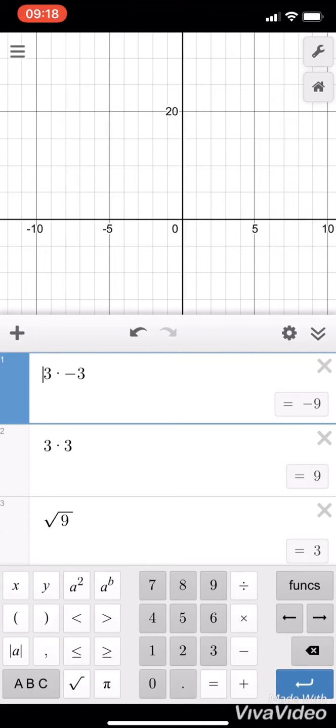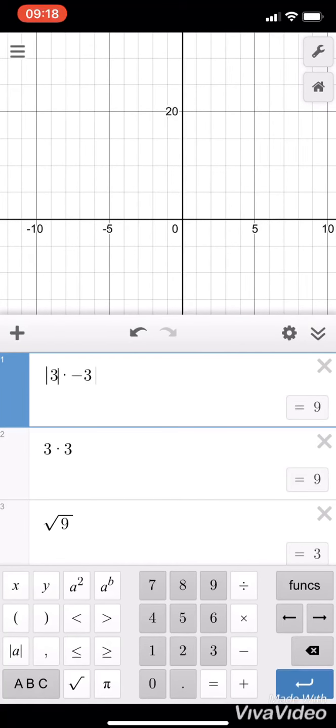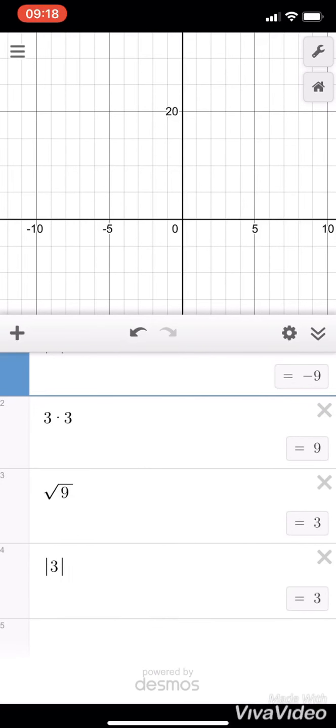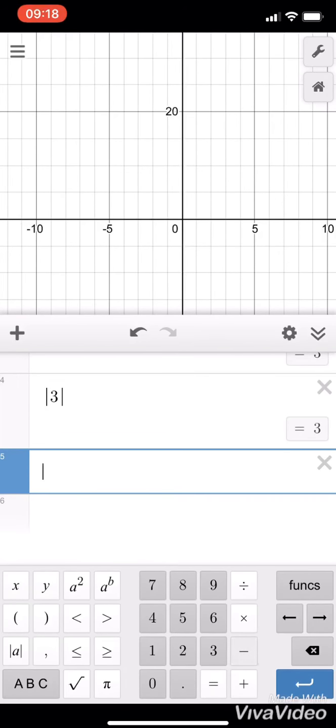In this case, the only number that has the absolute value sign around it is the first number. But it can also be the second number.